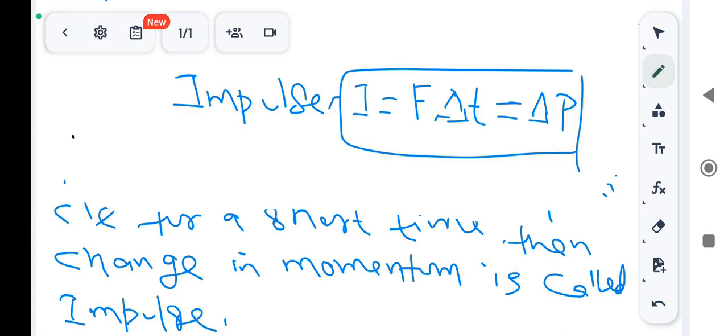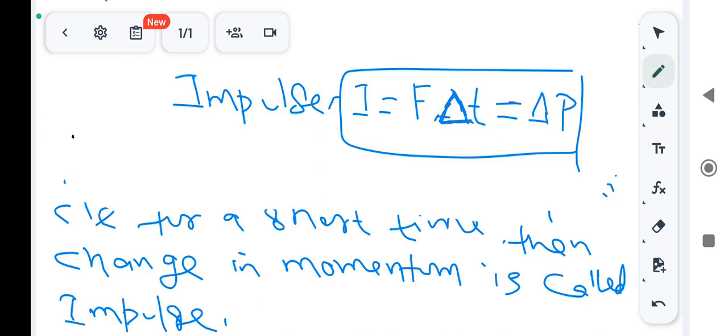I equals F into del T, which equals the change in momentum. The impulse I is equal to F del T equal to del P.